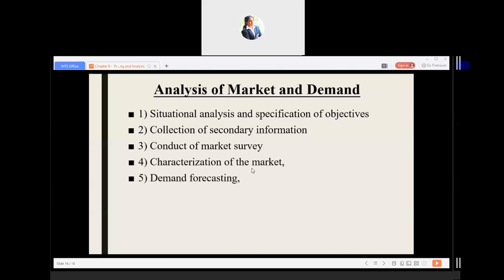Now, this method is usually best suited to organizations where they can interact among themselves and in circumstances where changes are occurring. The first method was the opinion polling method.